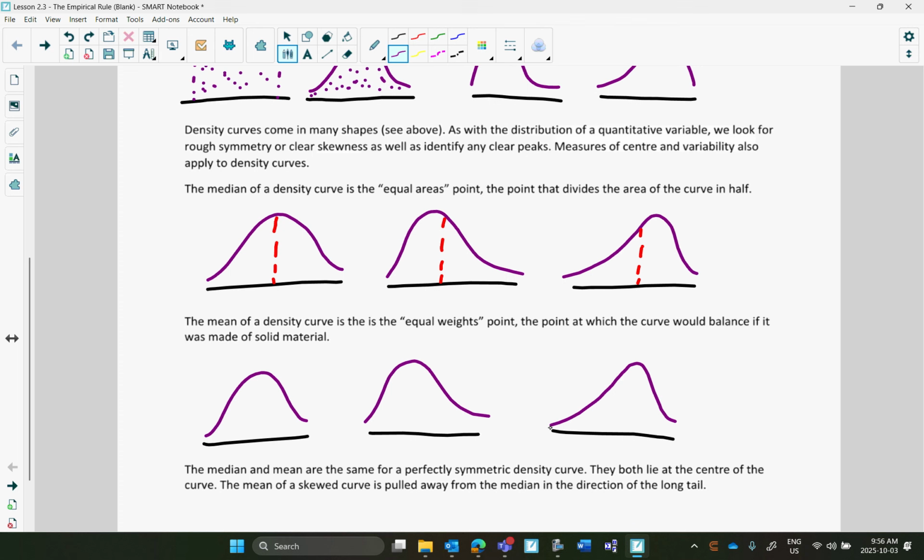So if it's bell-shaped or symmetrical, the mean would obviously be in the middle again, from the horizontal axis to the peak. If it's skewed right, the mean's going to get pulled right more than the median. And then the opposite's going to happen if it's skewed left. So we've seen that.